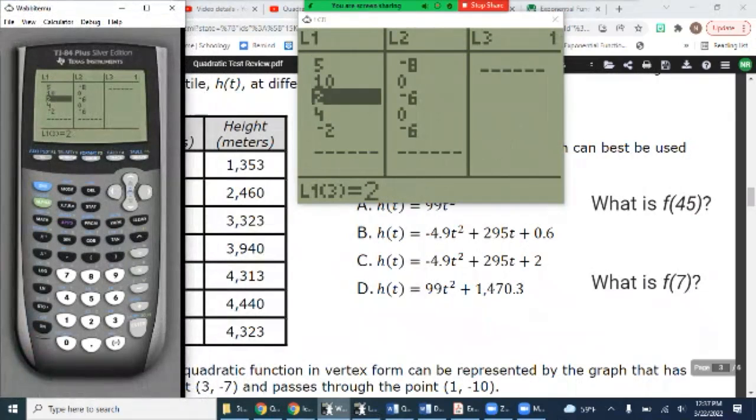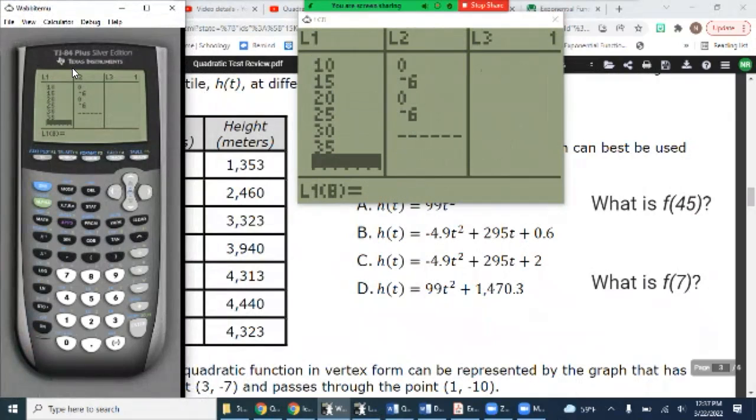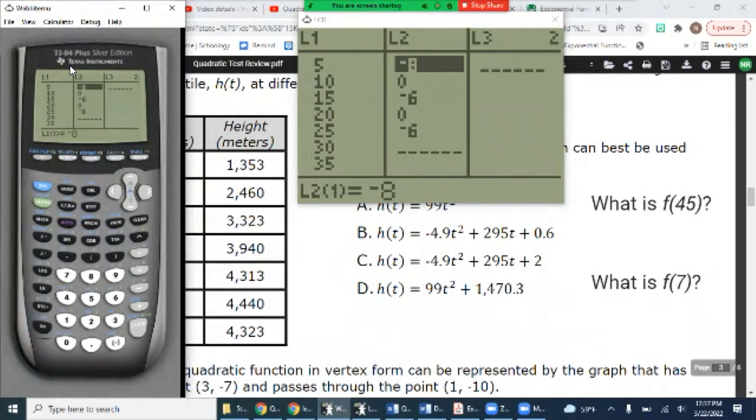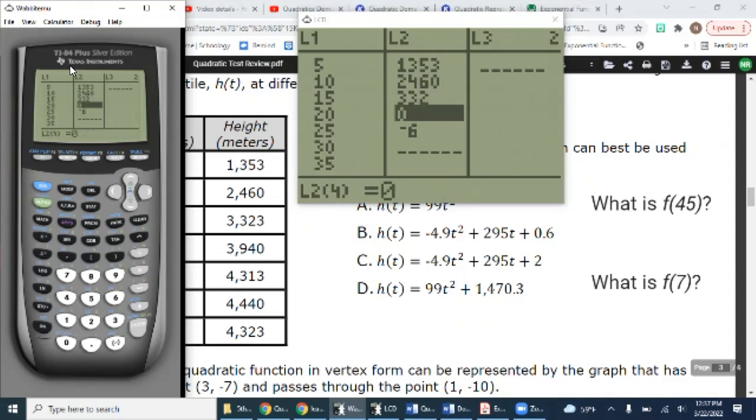Does this one go all the way to 35? Is that what it was? 3, 2, 4, 16, 30.